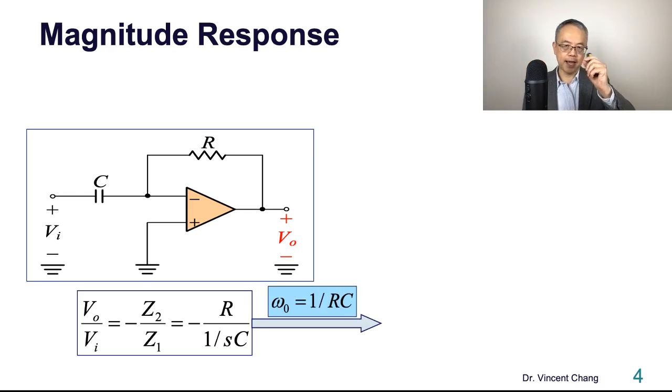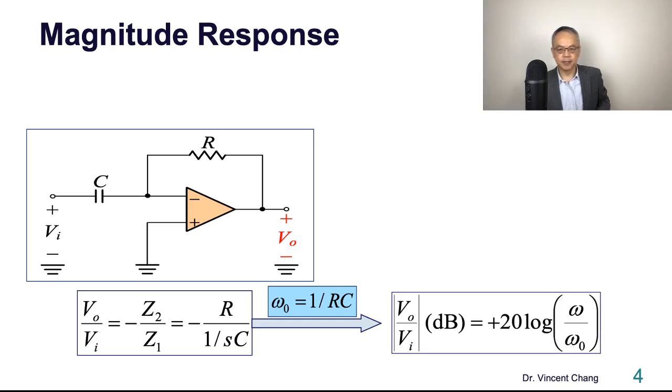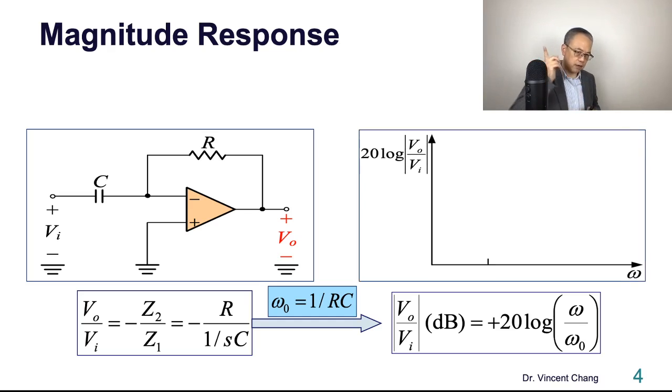As usual, we define omega 0 as the inverse of the time constant. So now it's SRC, so 20 log omega, positive 20 log omega. Which means on a log frequency scale, it's going to be a straight line, right?